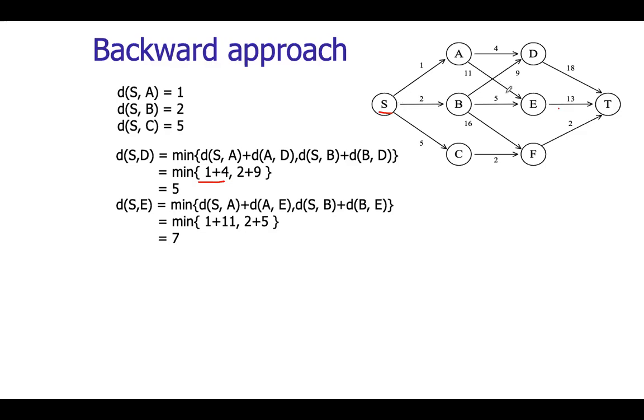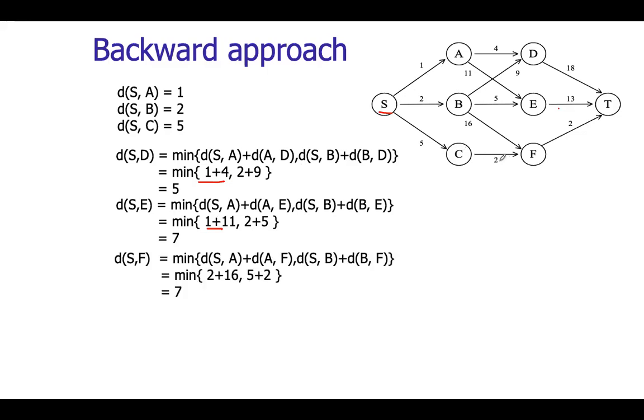First path, 1 plus 11. Second one, 2 plus 5, which is nothing but 7. Next, distance of S to F. I can go through B to F, that is 2 plus 16, or we can go through C, 5 plus 2.